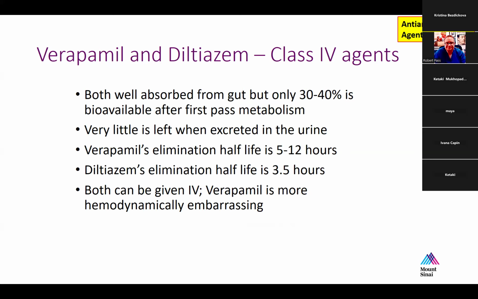Both of them can be given IV, but it's very important to remember that verapamil can be very hemodynamically embarrassing, much more so than diltiazem. One of the reasons that we don't use it as much as we used to is because of this fact. It typically comes fairly concentrated, so you have to be very, very careful when administering it.